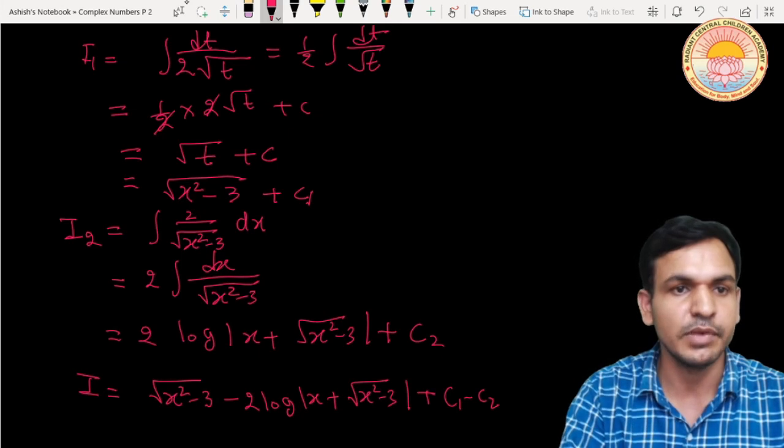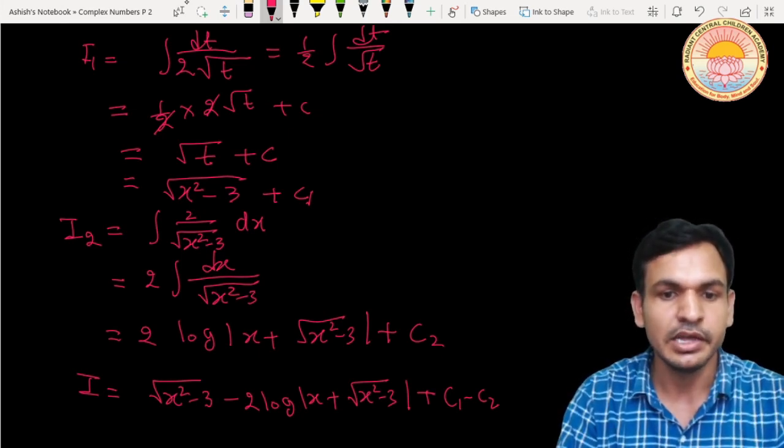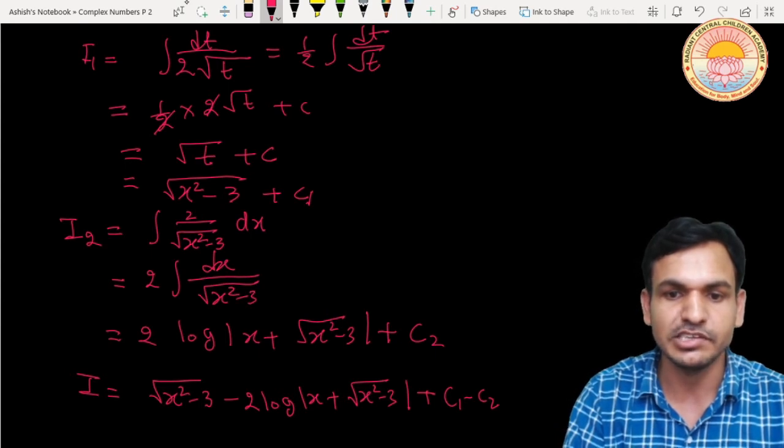Subtracting I2 from I1, we will get I is equal to root x square minus 3 minus 2 log mod x plus square root x square minus 3 plus c1 minus c2.